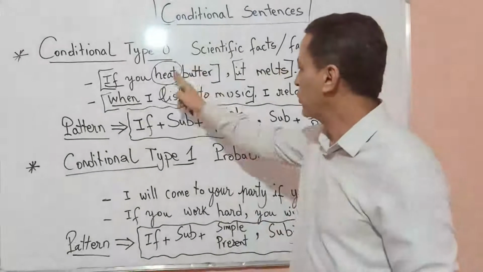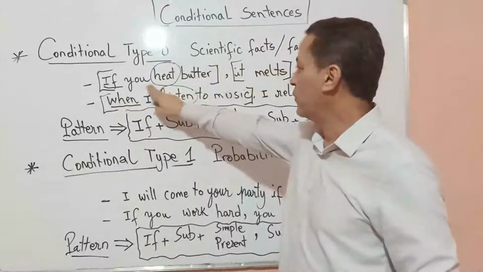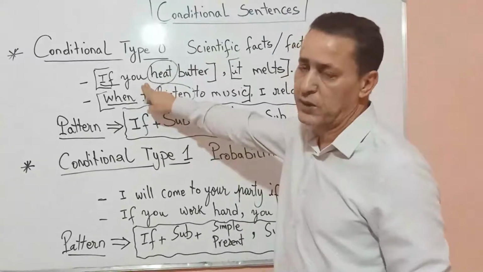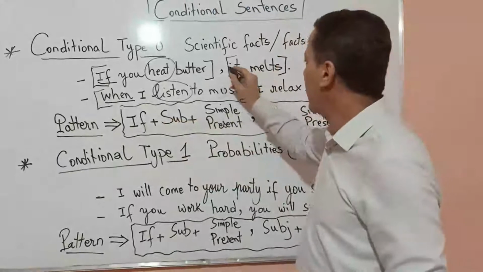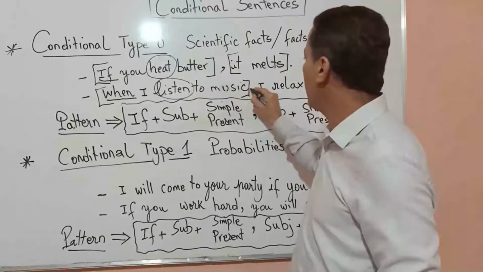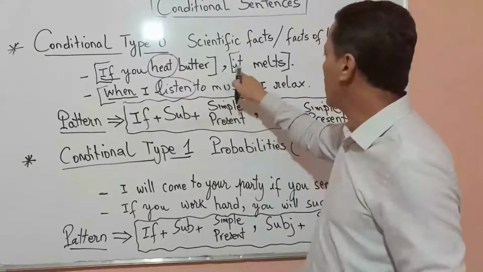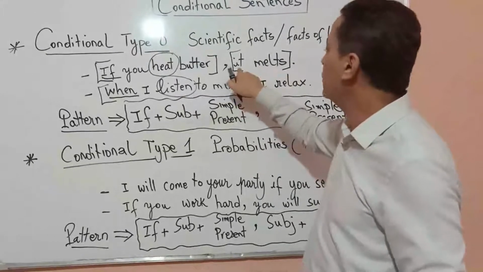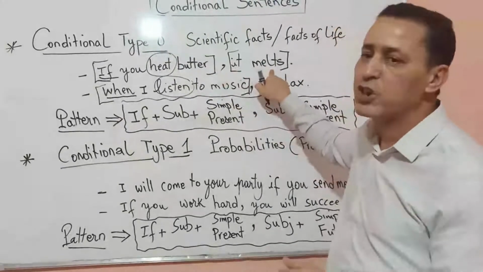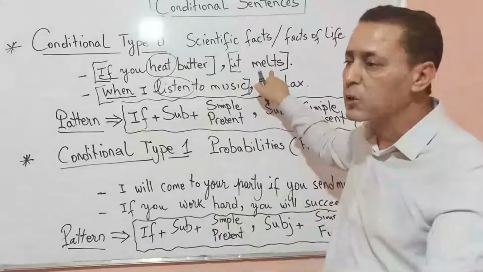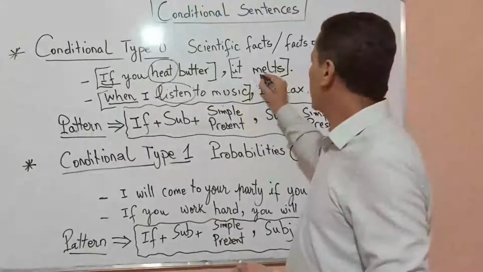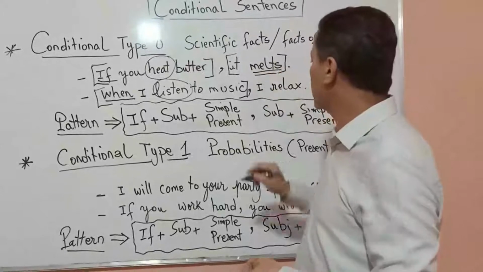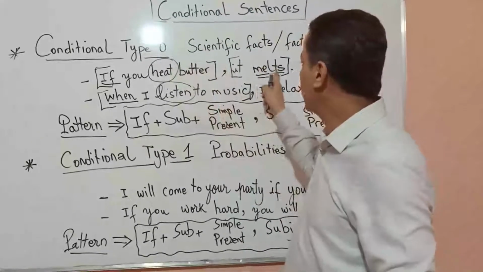Okay, so it's a 2-part sentence with the first part being a conditional clause starting with if or when, and then separated by a comma. Okay, you move to the next clause, which is what we call a result clause or consequence clause. Okay, and the verb in the consequence clause is also in the same tense.